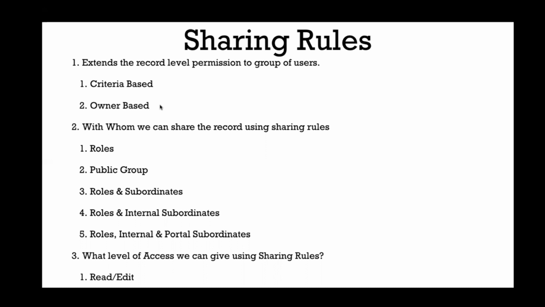If the CEO is creating any record in Salesforce, no one can see it. But if there is a requirement that some senior managers or managing directors want to see those records, even in read only mode, we can create an owner based sharing rule. We can say if the owner of a record has the role CEO, then share this record with this group of users. So is it clear, the types of sharing rules?